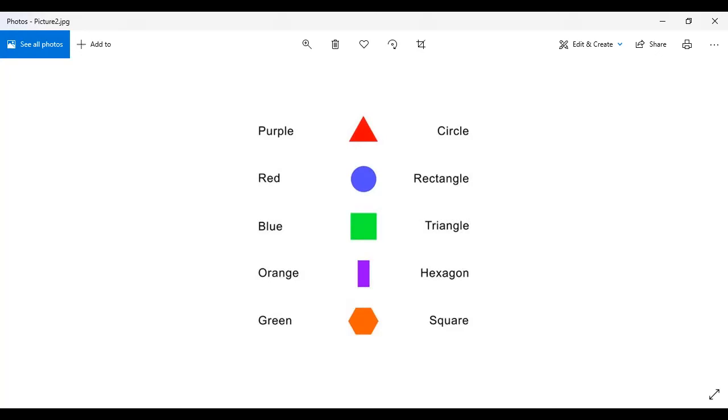Very good. Okay. Then the last one is hexagon. Where is hexagon written? On the second last. Very good. And what is the color of hexagon? It's orange. And where is orange written? On the second last. Very good.